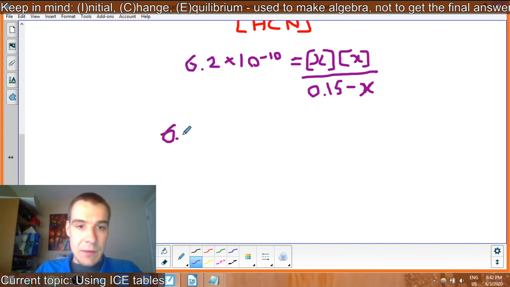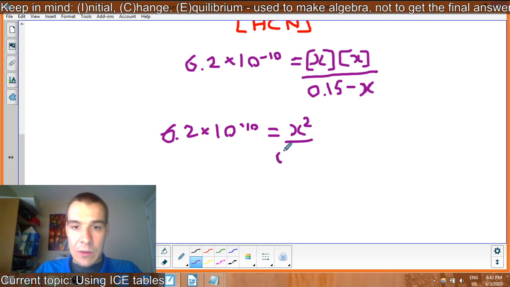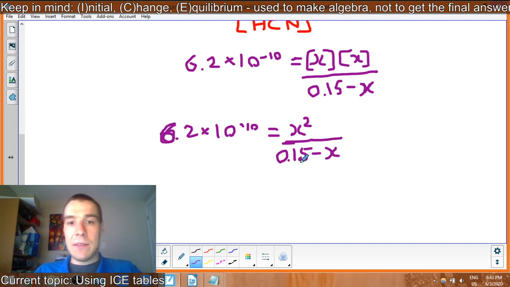So 6.2 times 10 to the negative 10 equals X squared over 0.15 minus X. So that's our expression that we have to solve. And it is a quadratic. If you multiply the 6.2 times 10 to the negative 10 by the 0.15 minus X, you get a quadratic expression, and you can solve it using the quadratic formula if you want.